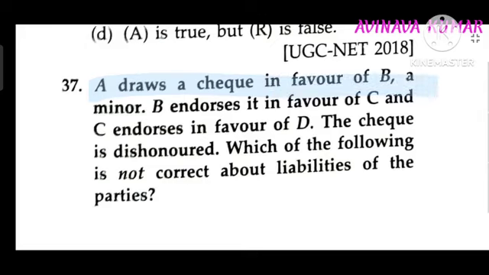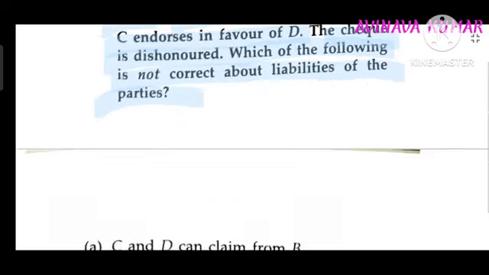A draws a cheque in favor of B, a minor. B endorses in favor of C, and C endorses in favor of D. The cheque is dishonored. Which one of the following is not the correct liability of the parties?